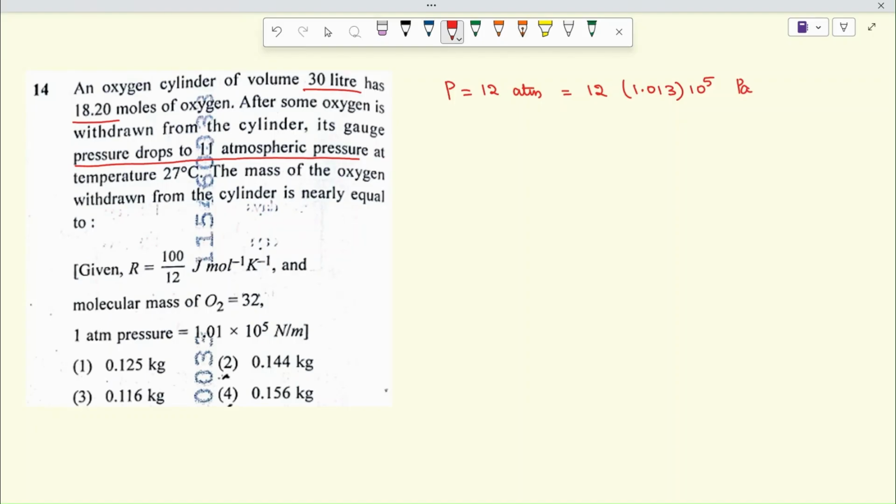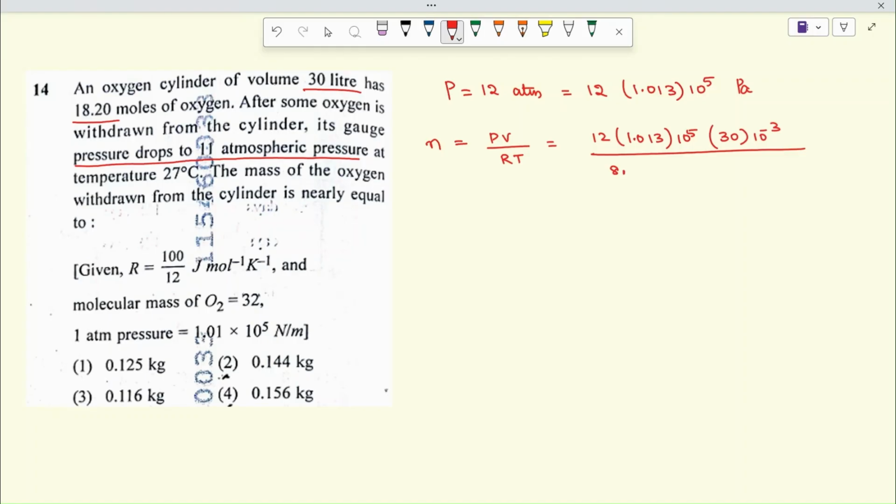First, let us find out how many moles are removed. Let us find out number of moles finally. N is equal to PV by RT. What is the final pressure? 12 atmospheres into volume is 30 liters. Same cylinder, volume did not change. So 30, converting into SI units, 10 power minus 3, by RT.